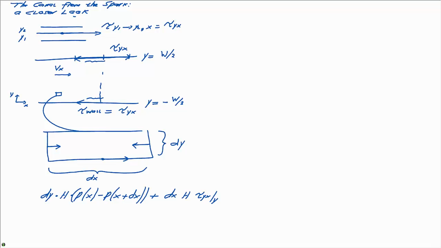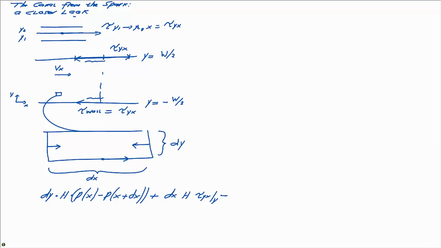However, now the shear stress on our fluid element is going from a bigger y coordinate to our layer of a lower y coordinate. So the tau yx at y plus dy is exactly opposite.